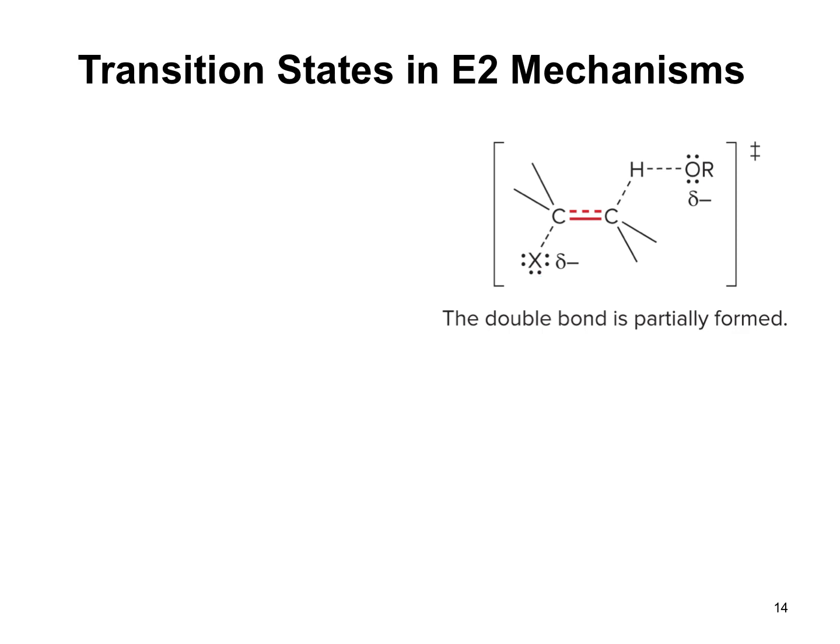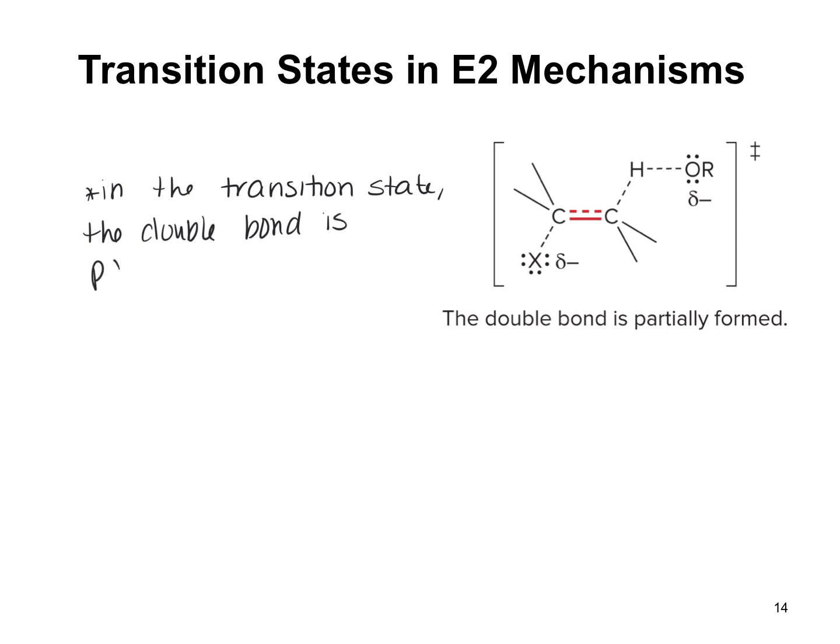And so because the double bond is partially formed, that increases the stability of the double bond with the alkyl substituent stabilizing the transition state. Okay, so in the transition state, the double bond is partially formed.